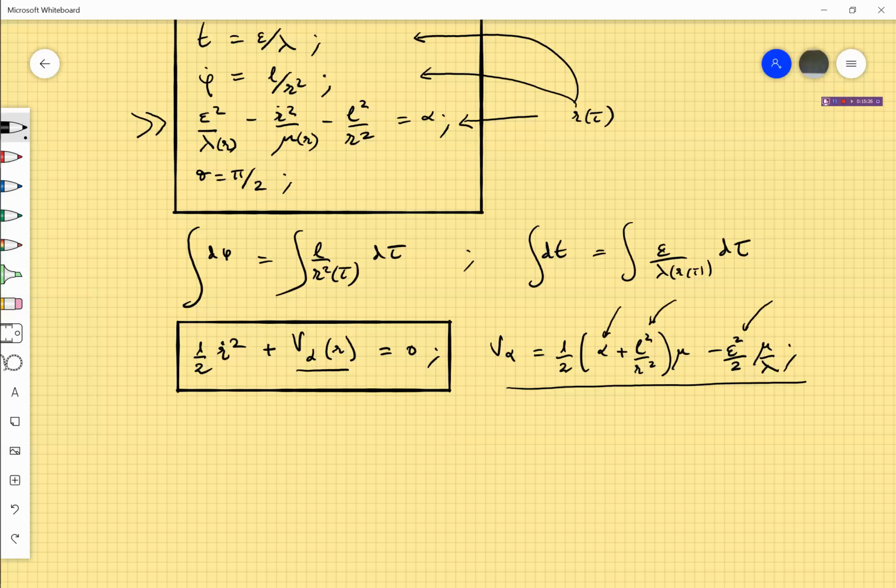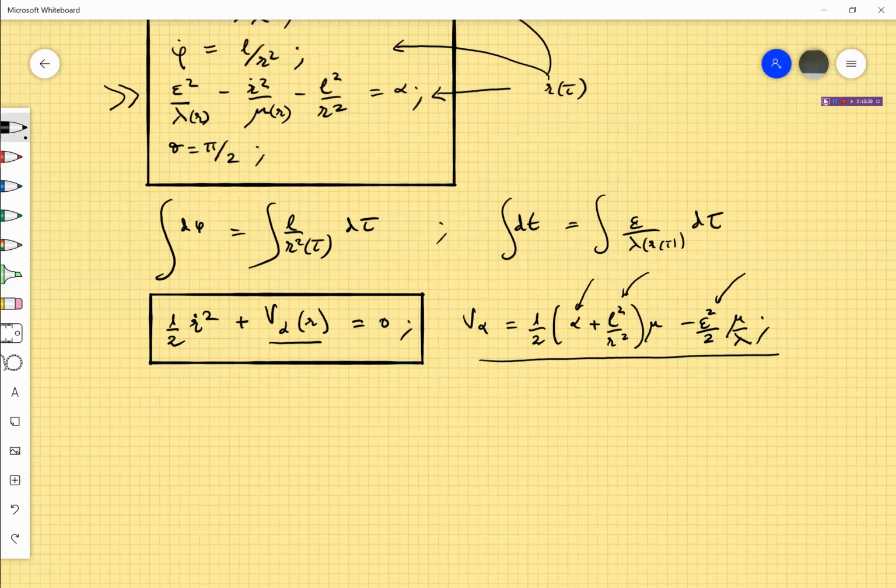So this is an analog problem, but it is very useful to consider it because I think you have already studied in the institute how to solve this kind of problem, at least qualitatively, to understand the motion of particles in a potential.